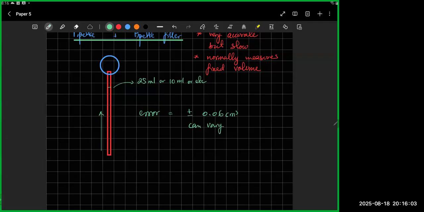From pipette to pipette, the error varies a lot. So about the pipette: very accurate, slow.